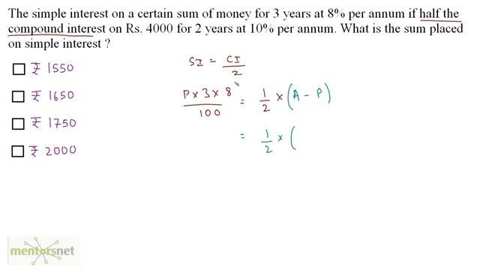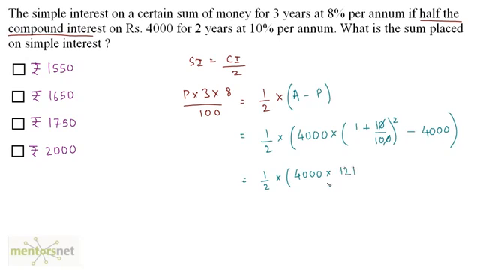So P is 4000 into 1 plus R is 10% per annum, so 10 upon 100 raised to N. N is 2 years, so 2 years, minus 4000. So you have half of 4000 times 11 square by 10 square. That's 121 by 100. So these two zeros get cancelled out, minus 4000.